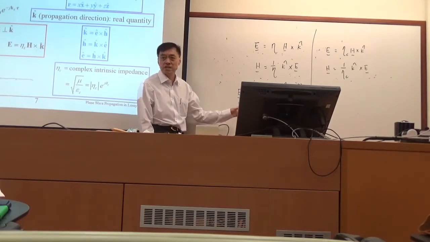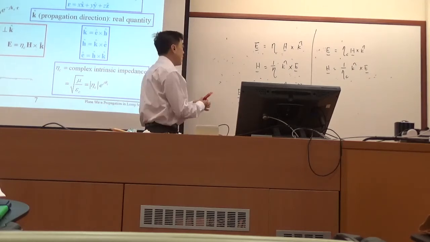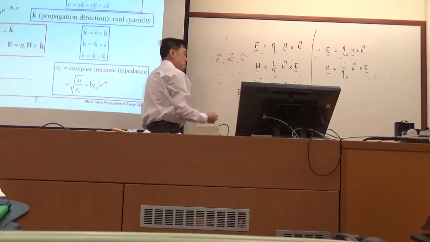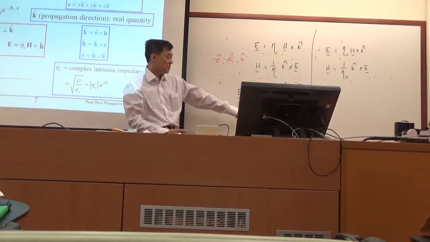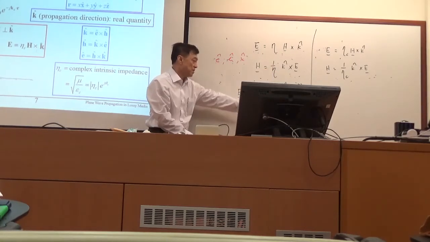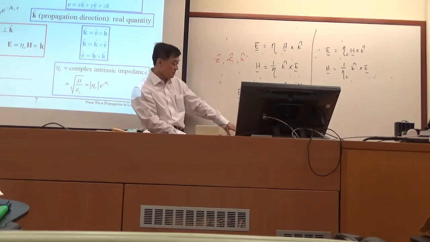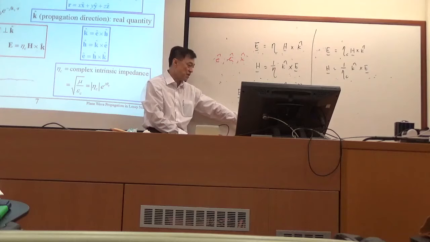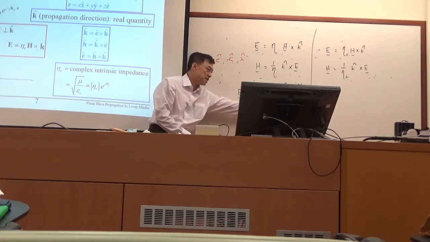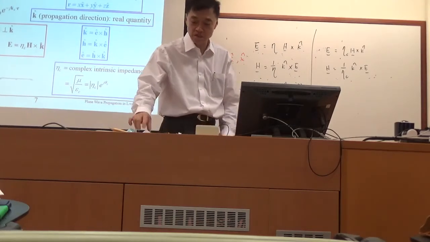The difference between H and E is just that these three things are orthogonal. E, H, k are orthogonal, that's all. So the polarization is now H. And the magnitude is E naught divided by zeta, and the cosine term is still the same. Phasor, still the same. No problem.